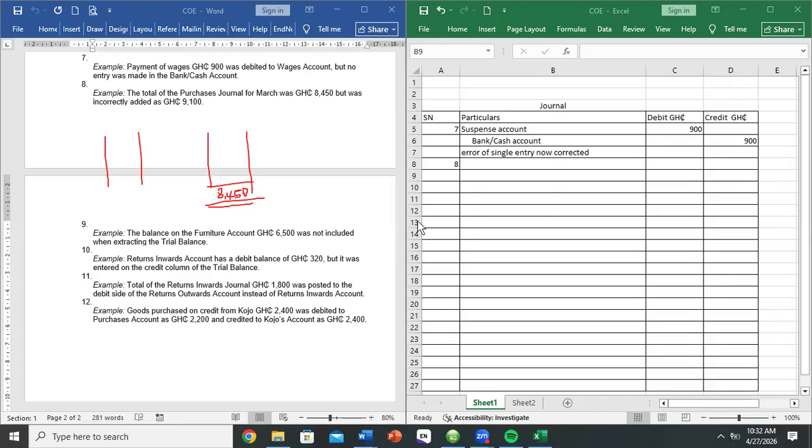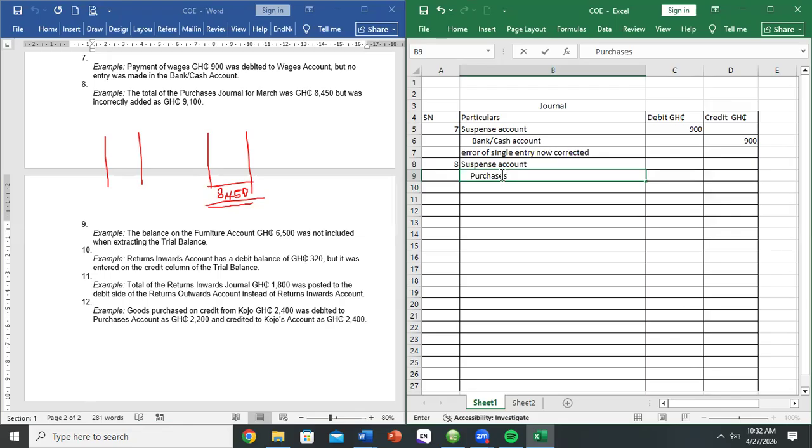Thank you. So you see, for the overcast, I hinted you the last time that when you know the balance on what has been overstated, then you have to go the opposite. You pass an opposite entry. So purchases has a debit balance. So overstated, we'll credit it, right? So we'll credit purchases and we'll debit suspense. Why? Because these casting errors also affect the trial balance and for that matter, suspense.